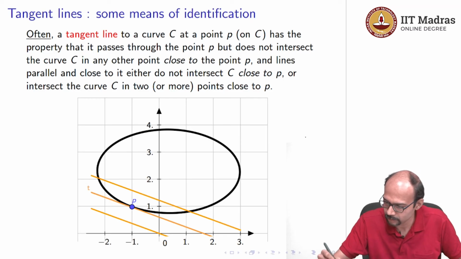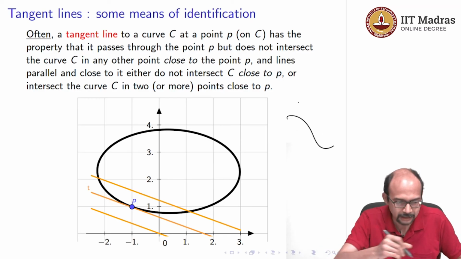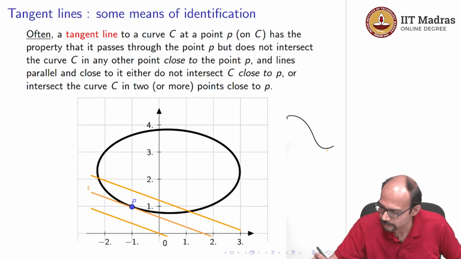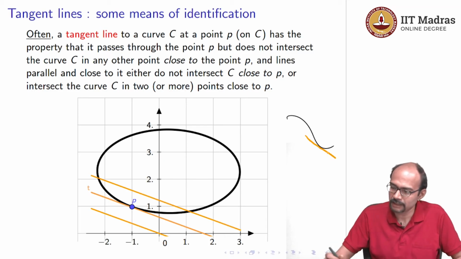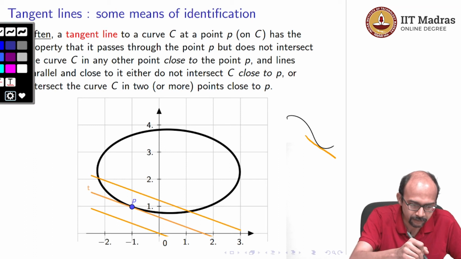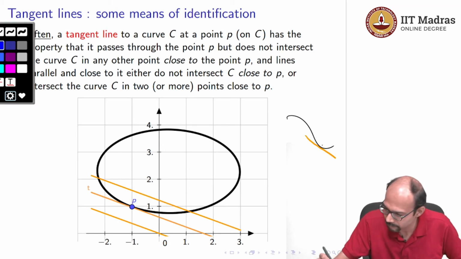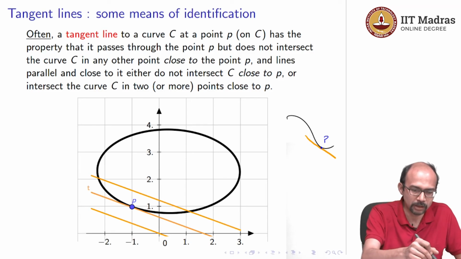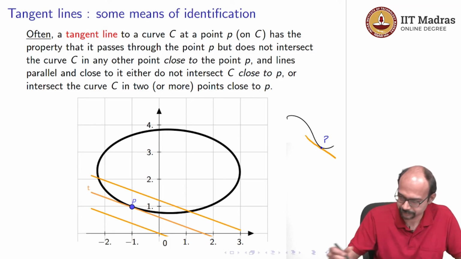So, maybe you have something like this, and you have a tangent line. I have been drawing that with orange, so let us go with orange. Okay, something like this. Now, if you fix this point P, so here is my point P, and you keep your line on this point.